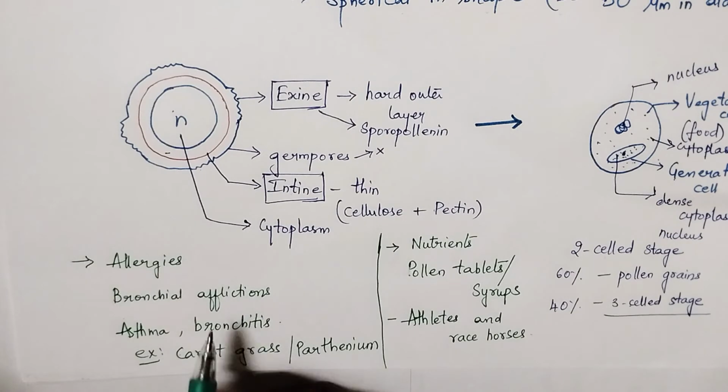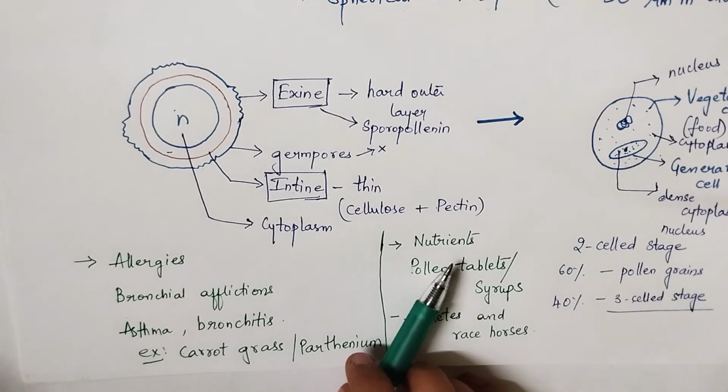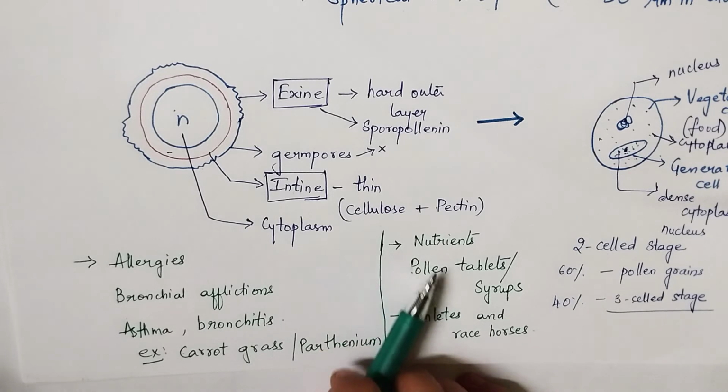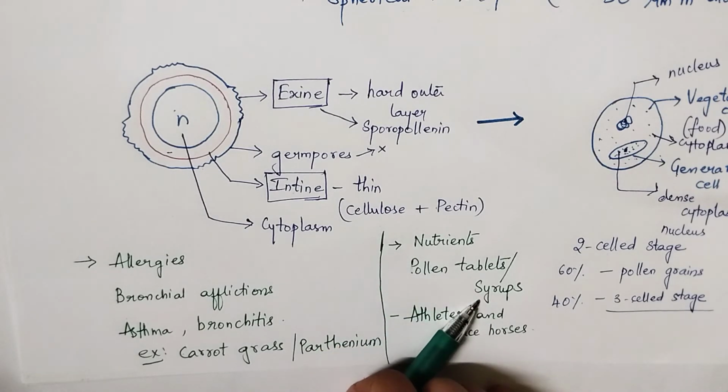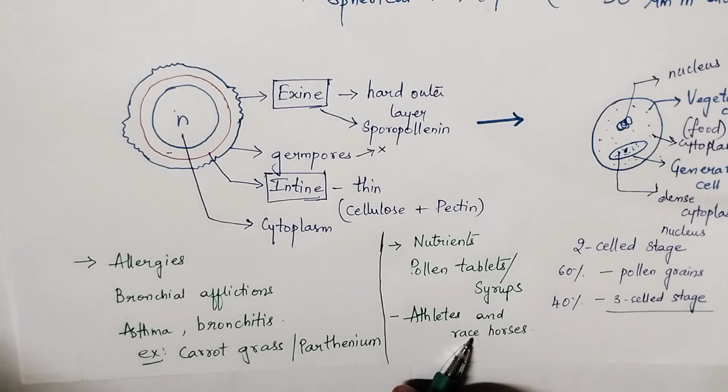These are the disadvantages and advantages. Let us quickly revise: pollen products are used by athletes and also given to race horses to increase their performance.